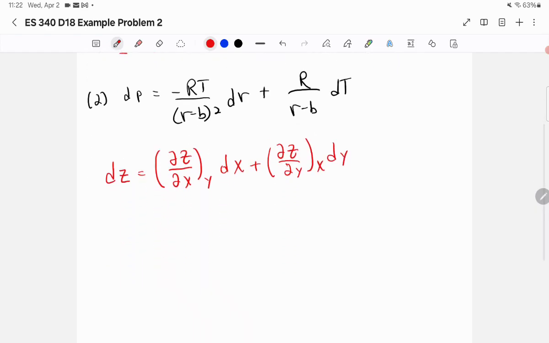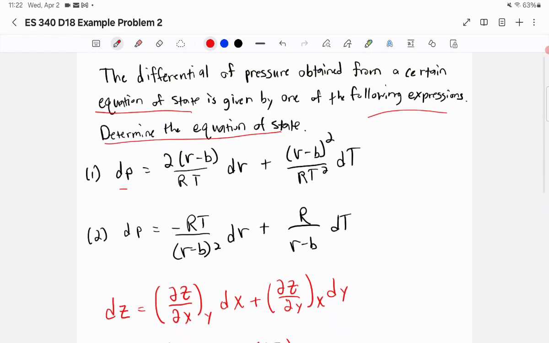If you recall, we called this term M equal to dz/dx holding y constant, and we called N dz/dy holding x constant. So we can see that both of these are in some form like that.